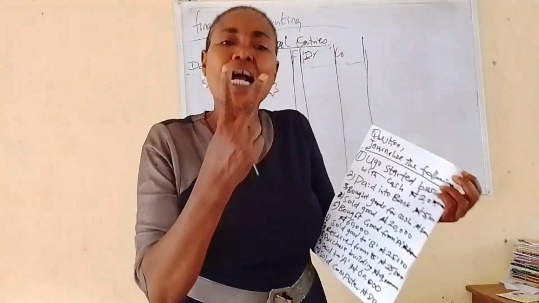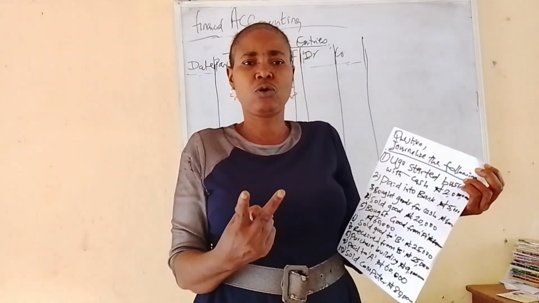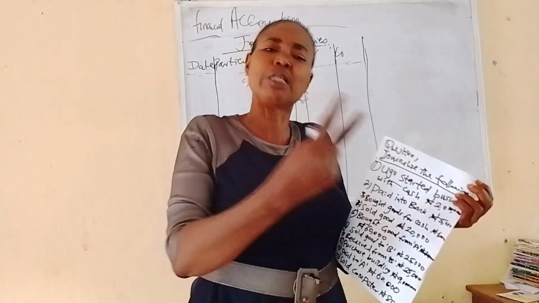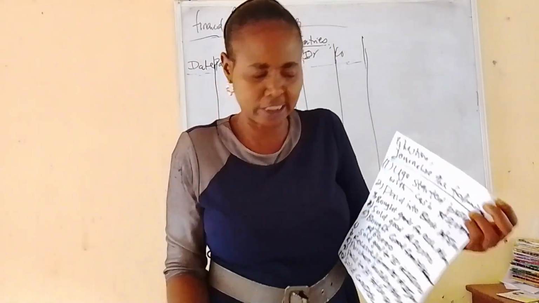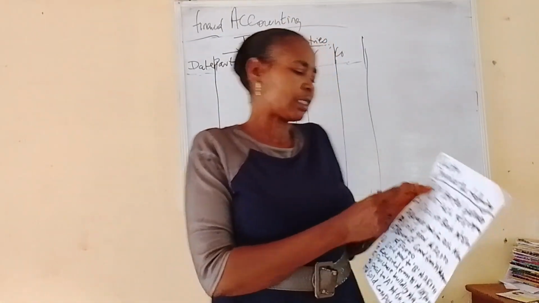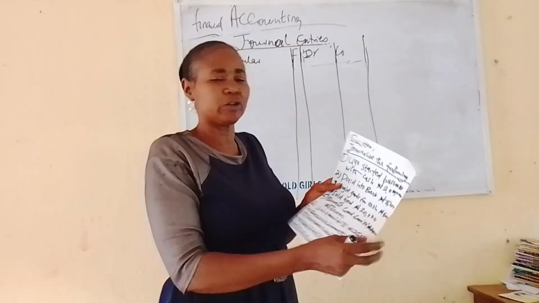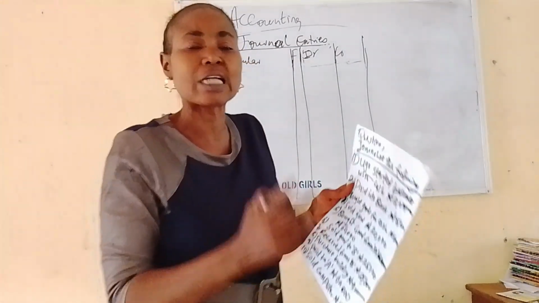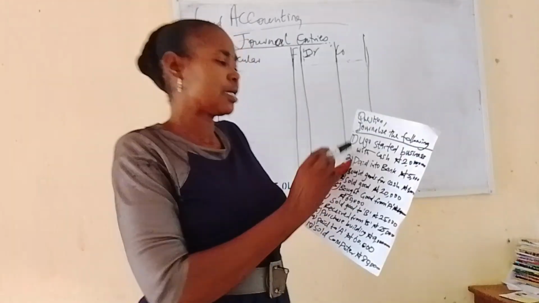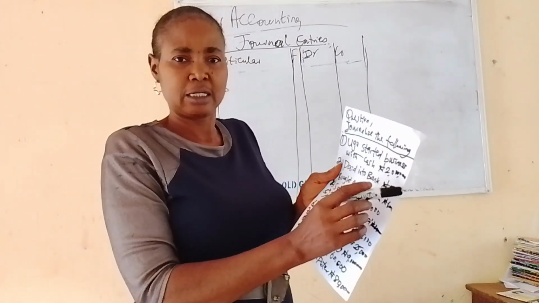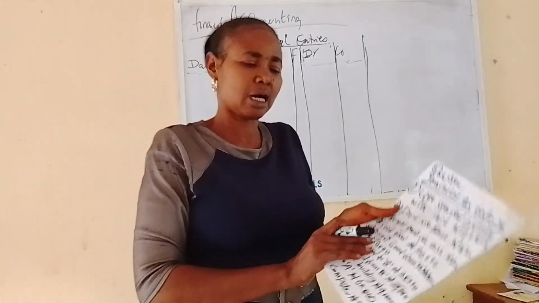You find out the two accounts that are involved. When you find them, you know the one to be debited and the one to be credited. Ugo started a business with cash, 2 million naira. The two accounts involved here are the cash account and capital, which he used to start the business.